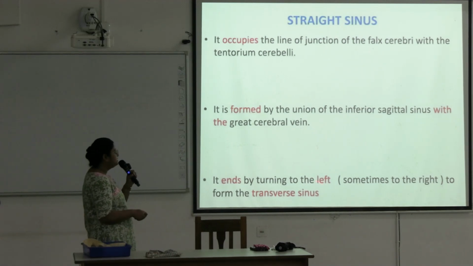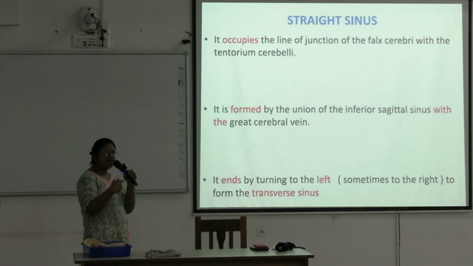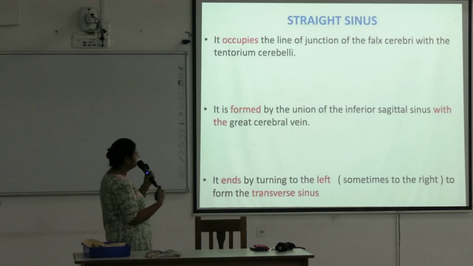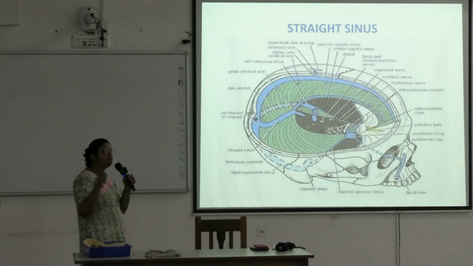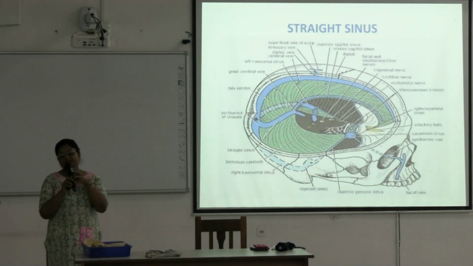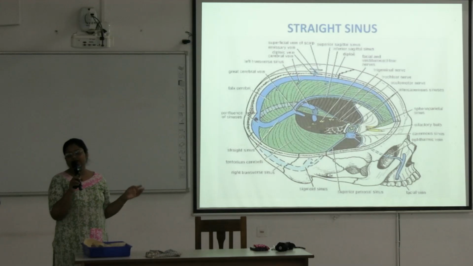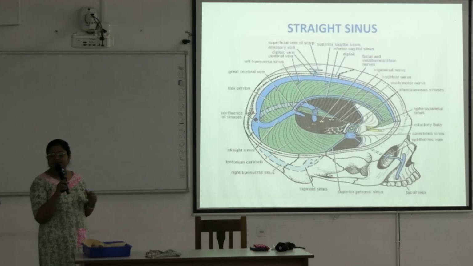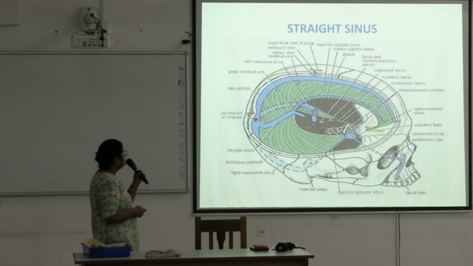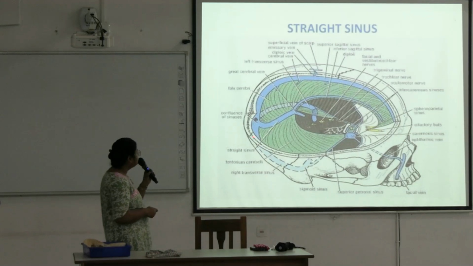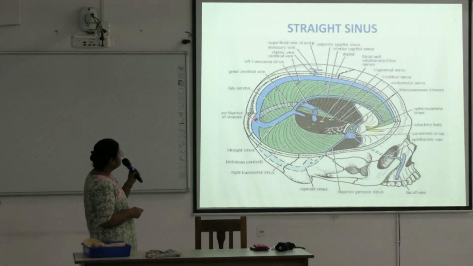Mainly it is forming the left transverse sinus. Next. And superior sagittal sinus is continuing or connected with the right transverse sinus. Okay, so see here, this straight sinus is continuous with the transverse sinus.